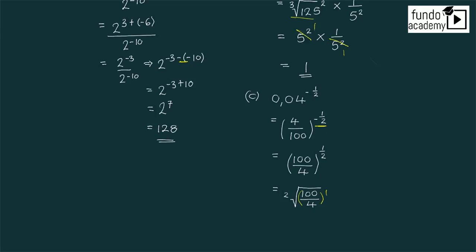But we know also here we cannot give ourselves much trouble, because if we divide 4 into 100 we get 25. So this is the same as the square root of 25, and the square root of 25 will give us 5. So our solution to part C is actually 5.